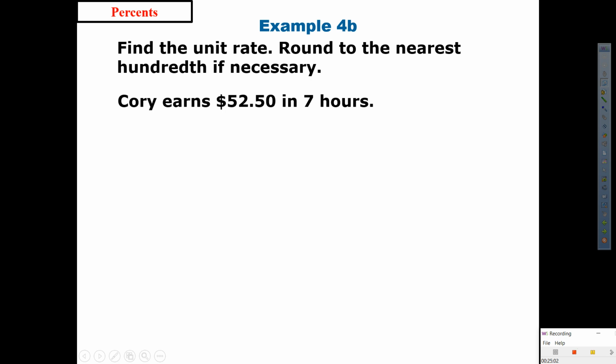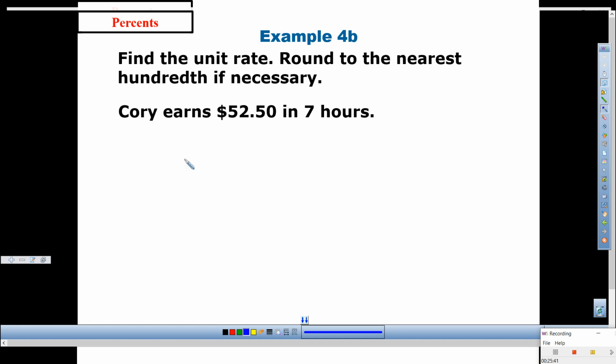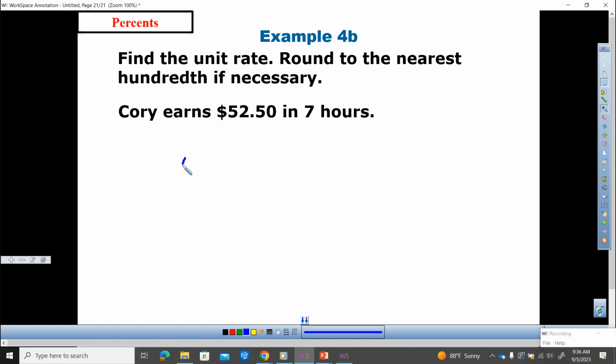Oh, my goodness. All right, so find the unit rate and write me a statement, please. Go. All right, set us up, Elias. What do I write? It's 52.50 over 7 equals x over 1.